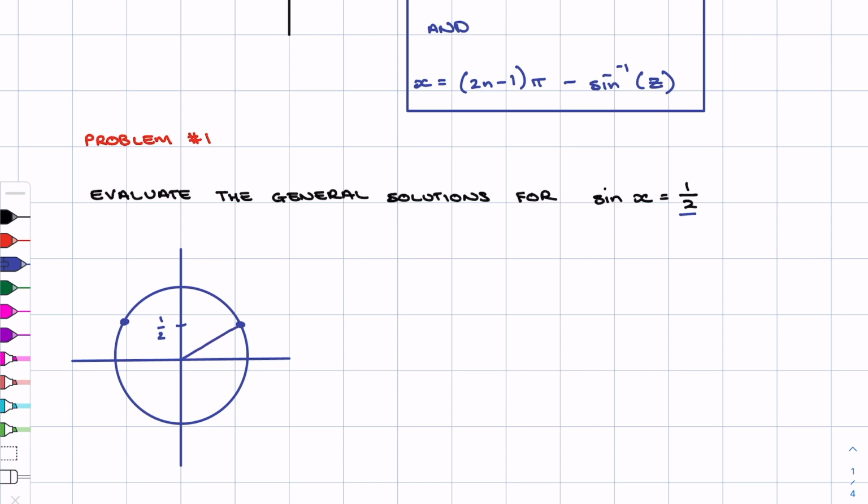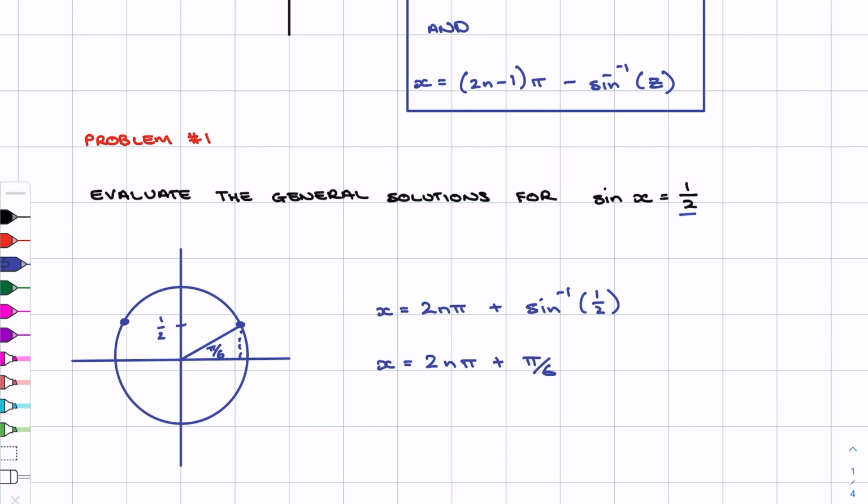But I'm going to focus on this point, and if I know my identity triangles or my exact values, I know that this angle here is going to be pi on 6 or 30 degrees. So therefore, I can say for my general solution, x equals 2n pi plus sine inverse a half, and x equals 2n pi plus pi on 6.